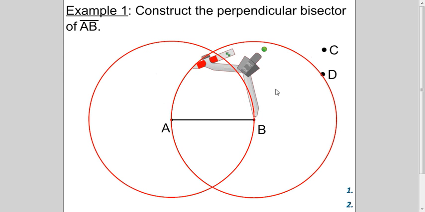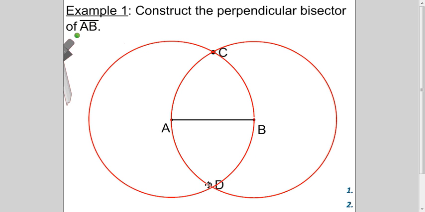And let's label those intersection points as C and D. Now, when we did the equilateral triangle, we picked one of these two and we just drew a triangle. But in this case, we actually want to bisect it. So we're going to draw a line through C and D. And this is our perpendicular bisector.